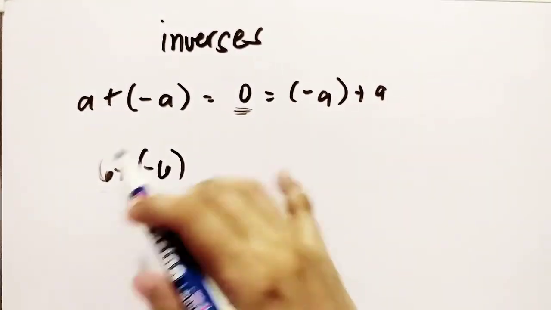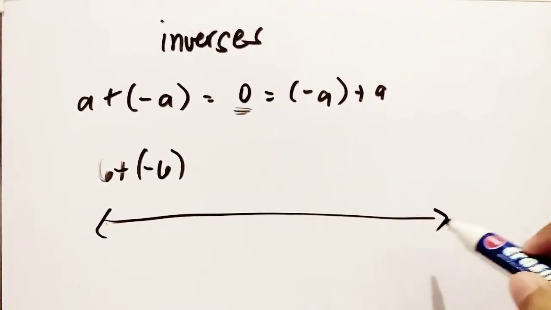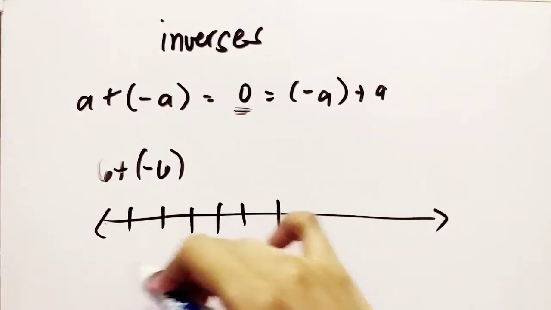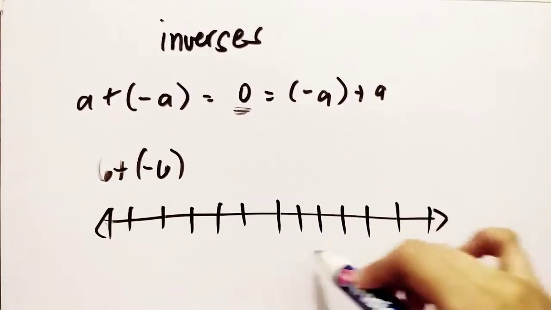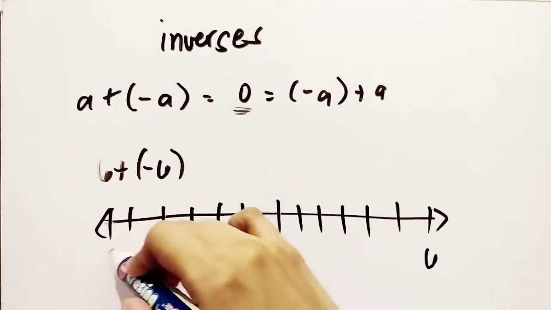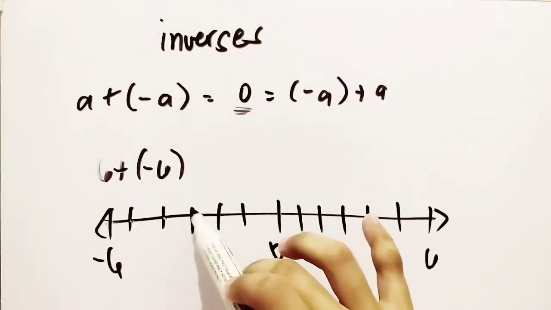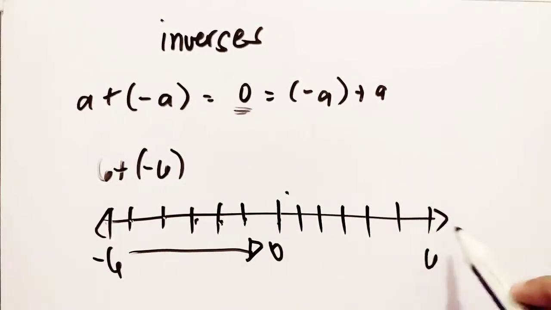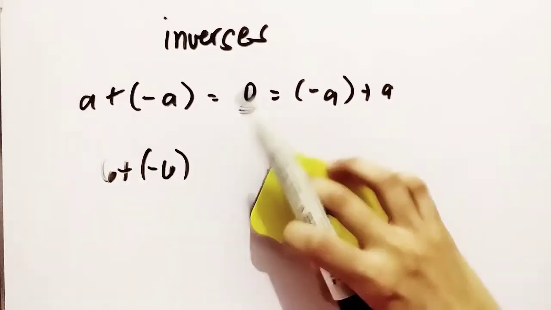So this will be cancelled out, just like here in this integer line. If we add this up, 1, 2, 3, 4, 5, 6, this is approaching 0 and this is approaching 0, so we will have the result 0.